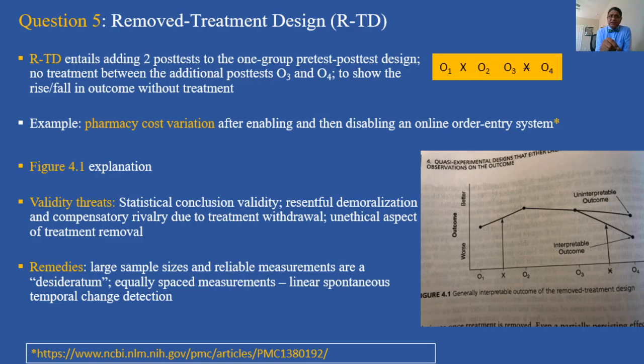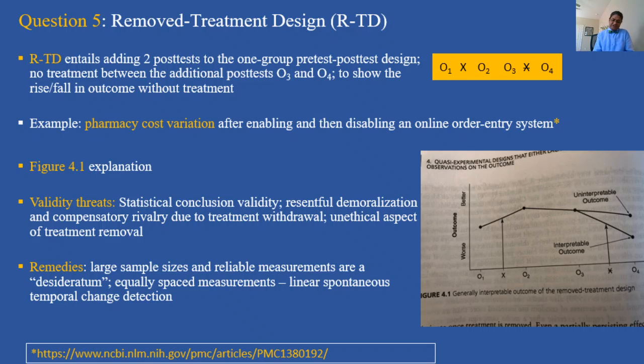So, what are the validity threats to this remote treatment design? The threats can be to statistical conclusion validity, due to even a single outlier. As you can see in the figure, the effect that we see, the uninterpretable outcome, can even be due to a single outlier, and that would make it difficult to reach any statistical conclusion that is valid enough.